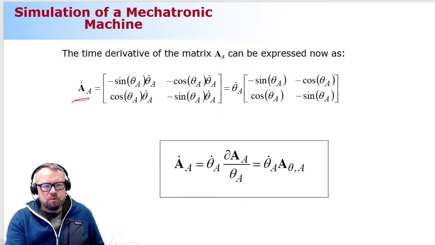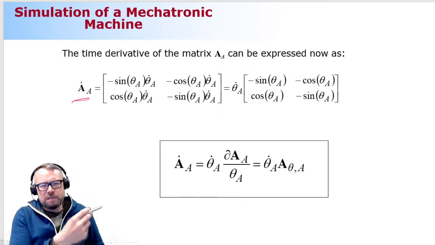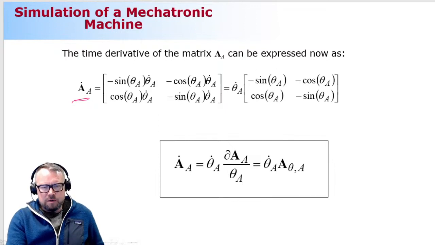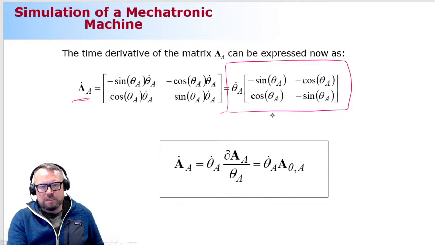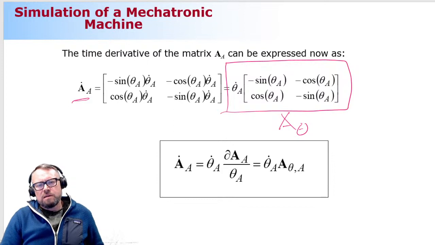When you're differentiating the rotation matrix with respect to time, you can express it as angular velocity multiplied by something called the rotation matrix A subscript theta, if you may.